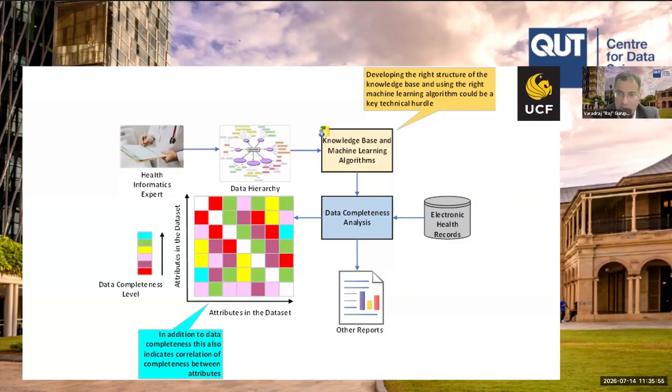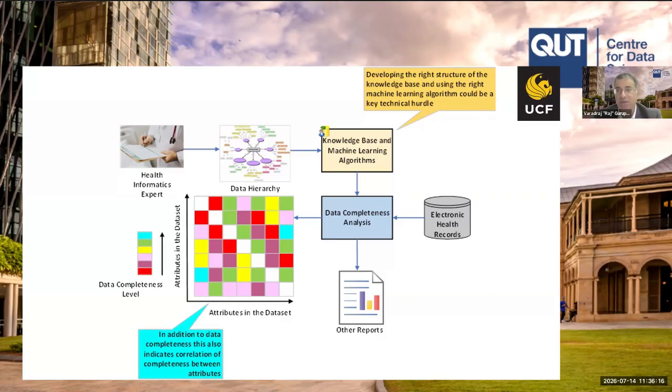For example, I showed you that heat map. We are looking at the heat map of how the incomplete data components could be related to one another. You could have an incomplete analysis component where incompleteness could be measured as the data is coming in from the reports and the electronic health records.